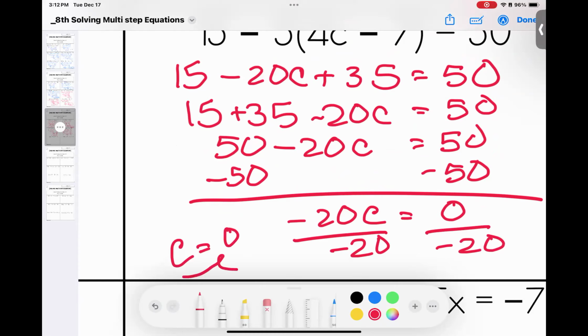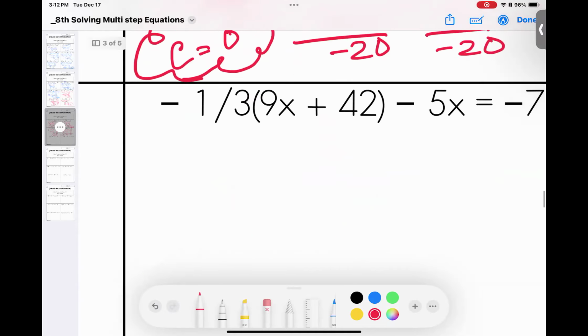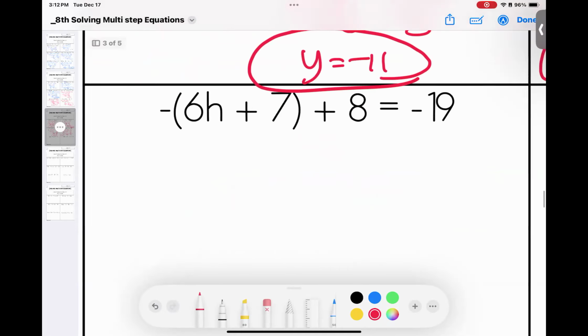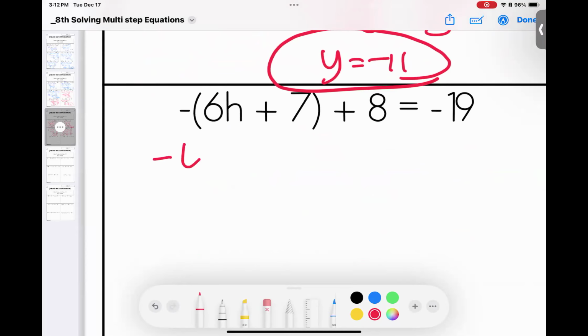If this one was tough for you, that's okay. We're going to keep talking about it. We're going to start to talk about equations that have no solution, many solutions, one solution. We're going to start to talk about what those equations look like.